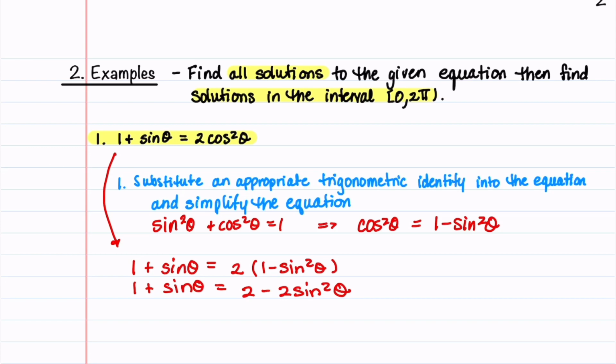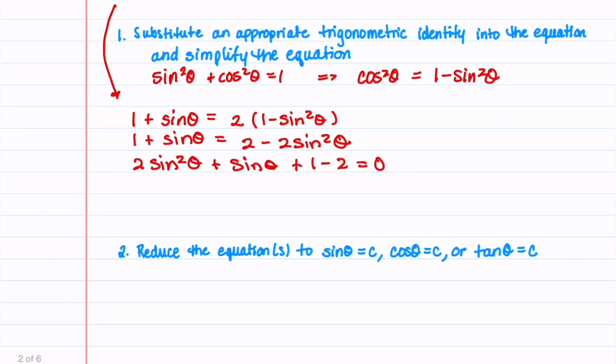Let's bring everything to the left-hand side. That gives us 2 sine squared theta plus sine theta plus 1 minus 2 is equal to 0. This then becomes 2 sine squared theta plus sine theta minus 1 is equal to 0.